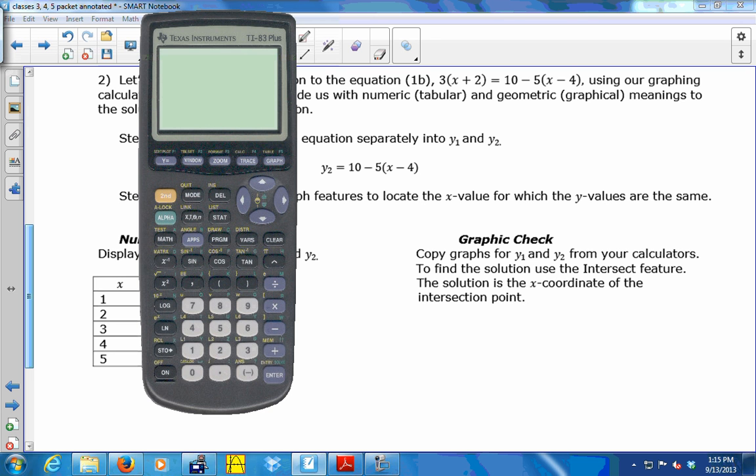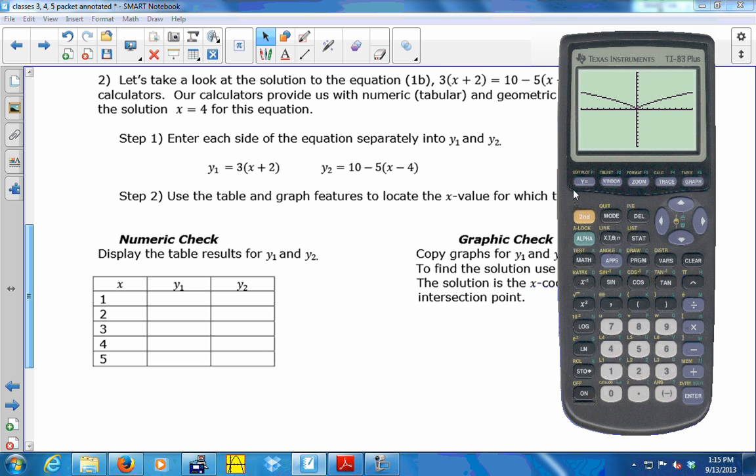And I'm going to put each side of the equation, the left side and the right side, into y equals separately. So in y1, I'm going to put the left side of the equation, 3 times x plus 2. And in y2, I'm going to put the right side of the equation, 10 minus 5 times x minus 4.